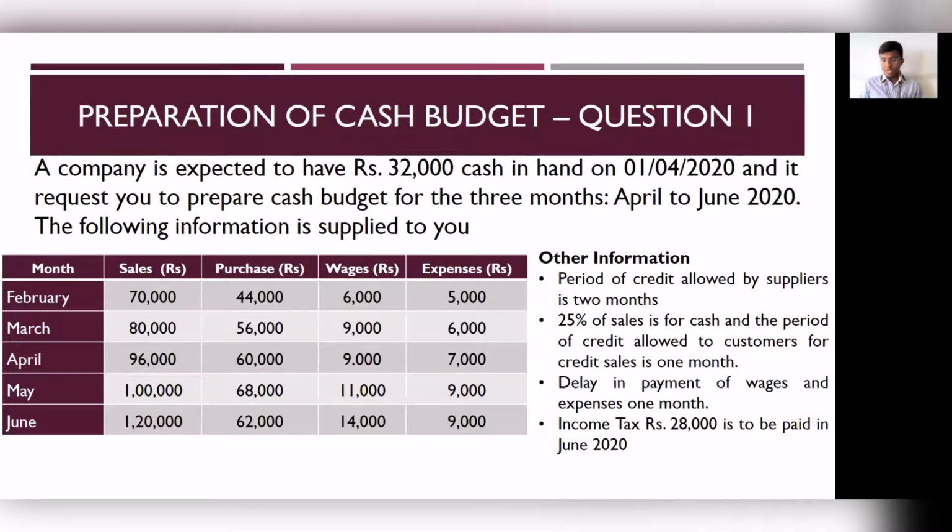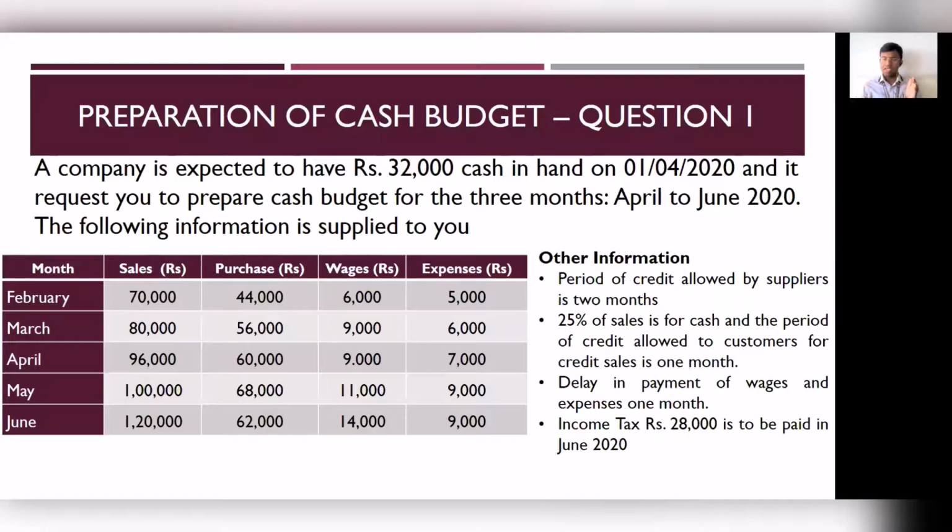The period of credit allowed by suppliers is 2 months. So our suppliers are giving us a credit period of 2 months. What does this mean? This means whenever we carry out a purchase, the purchase would be settled after 2 months.